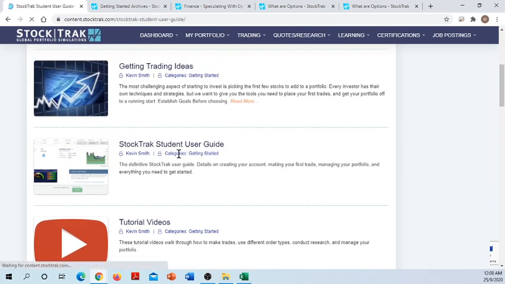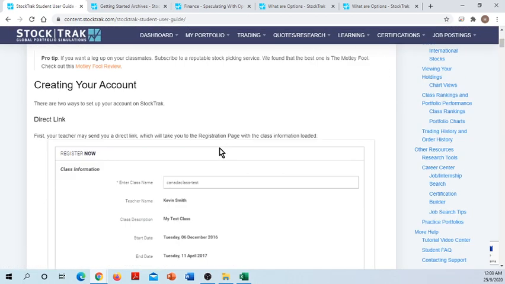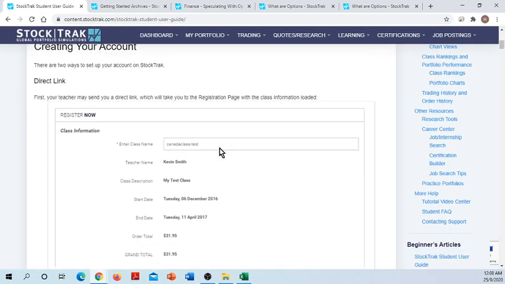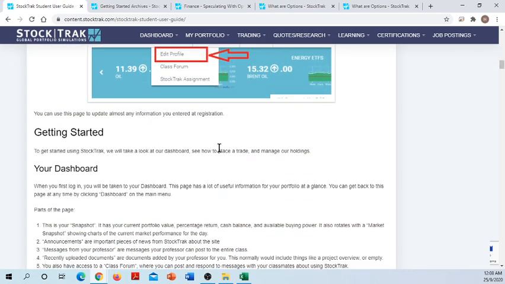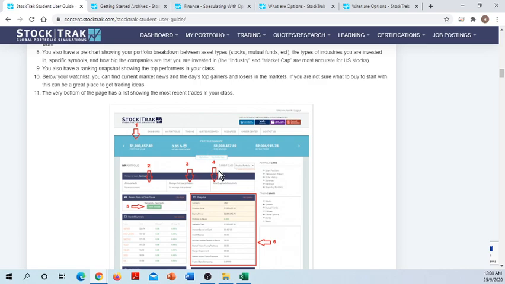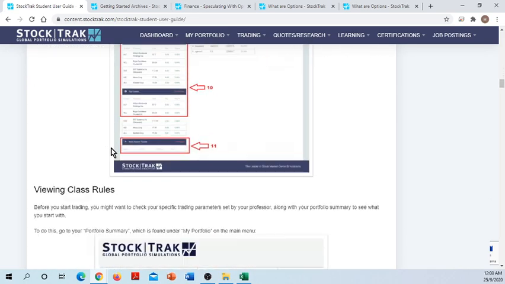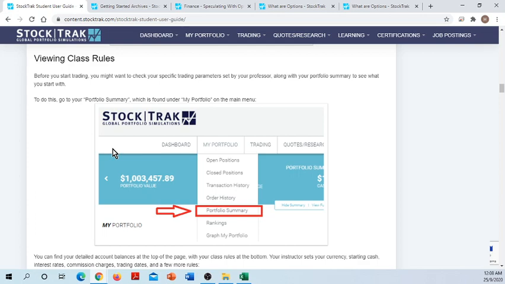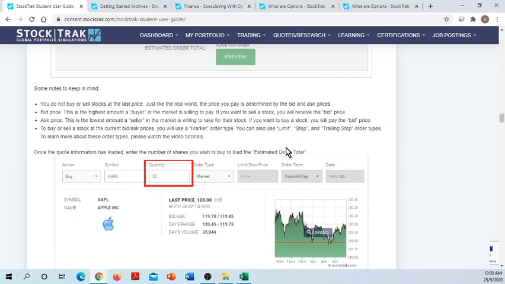So you can share with your students a link to this user guide, so it will show them how to create their accounts, how they place trades, how to interpret the dashboard that appears to them, how to see the class rules, and other very useful information.